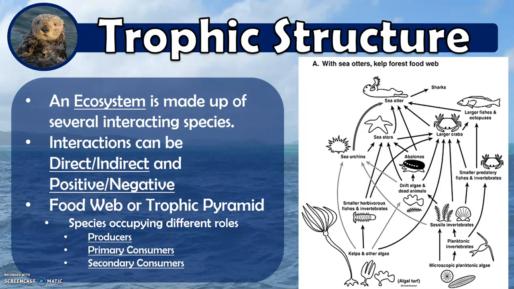We can begin to organize this whole ecosystem through a system of both direct and indirect positive and negative interactions. When you see arrows pointing upwards, that usually means the previous animal is being eaten. For example, sea urchins are eaten by sea otters.